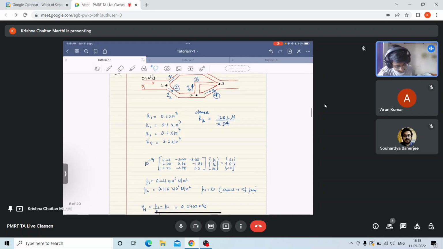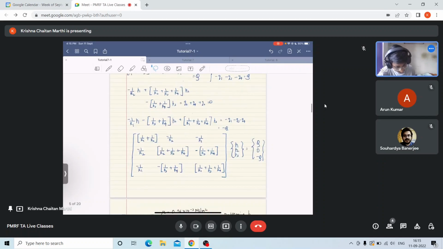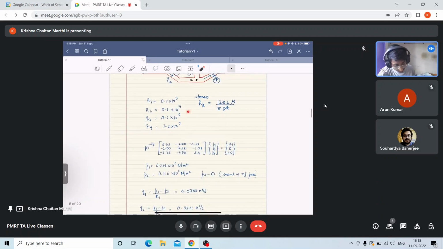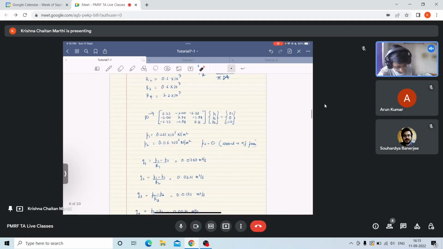Okay, and then I got this matrix by substituting the values of R1, R2, R3, R4. So by substituting these values we get this stiffness matrix K, which is 10 raised to power minus 7, 5.33, minus 2.0, minus 3.33.